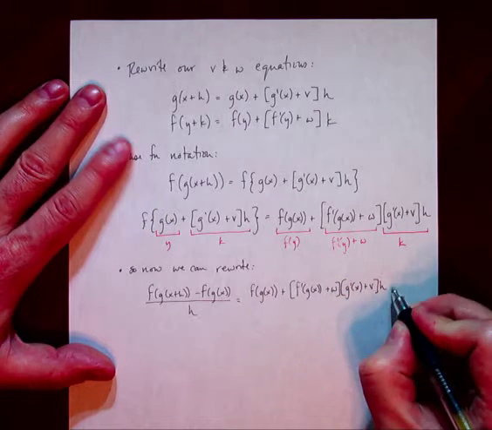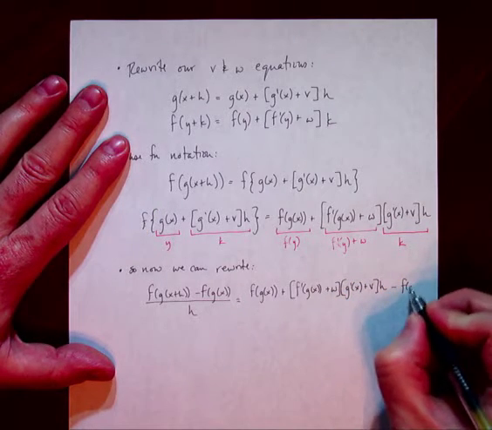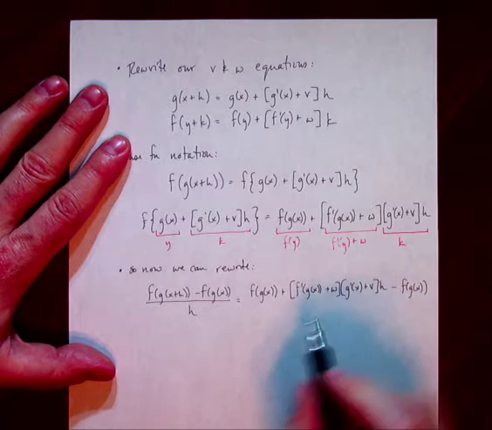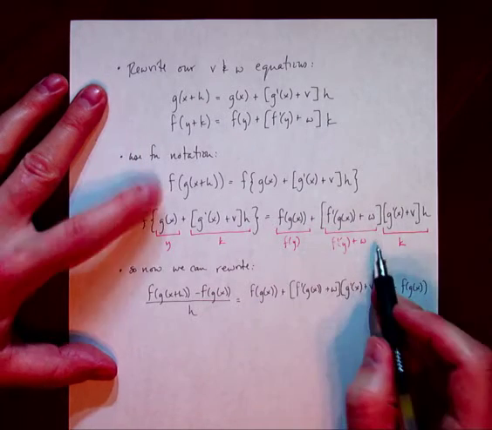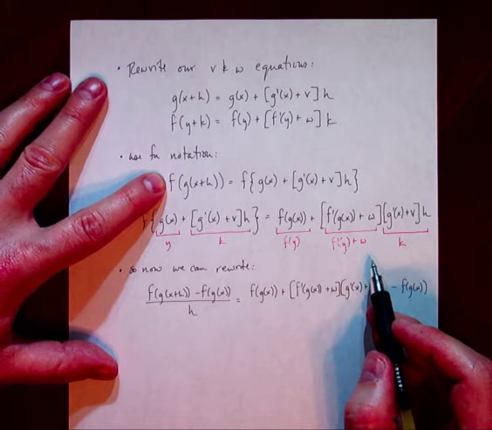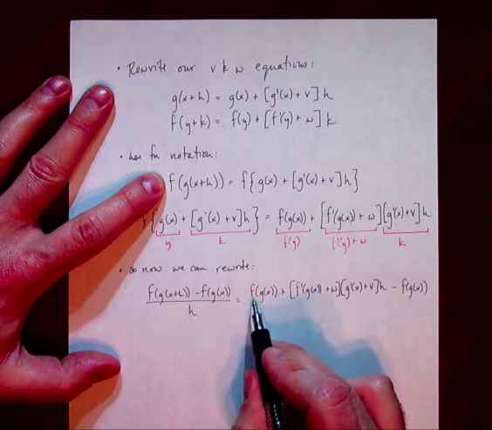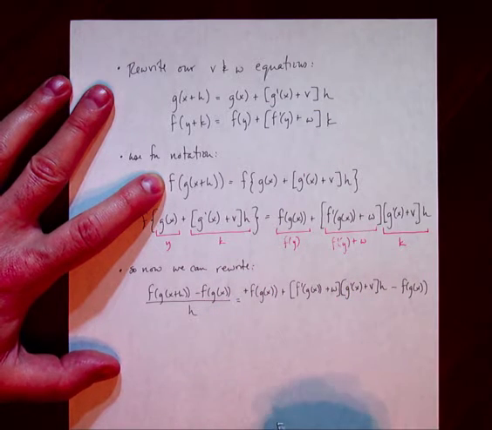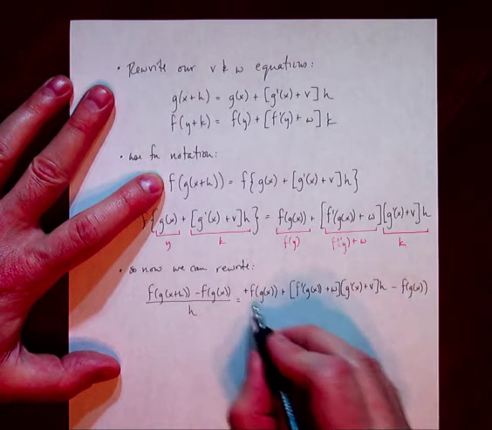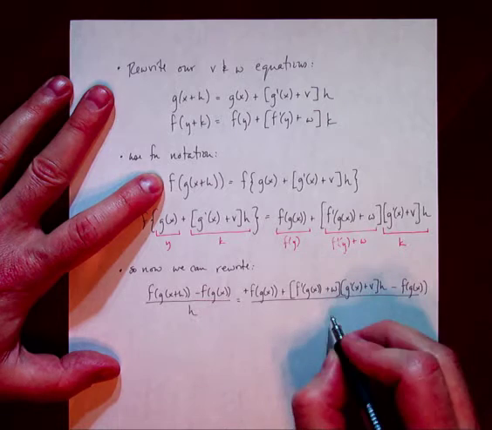Now, what you may have already recognized is that this rewriting of f of g of x plus h provides you with a positive f of g of x, which then down here at the other end is being subtracted.